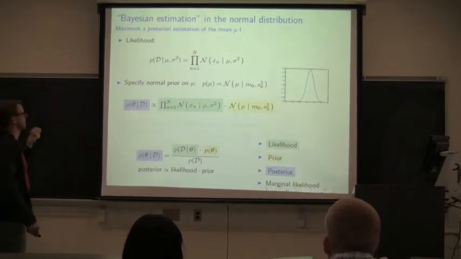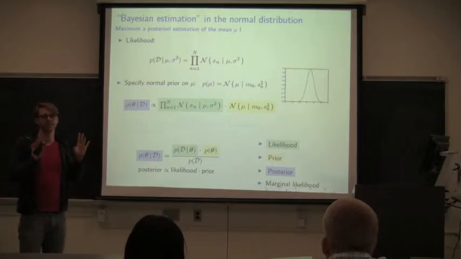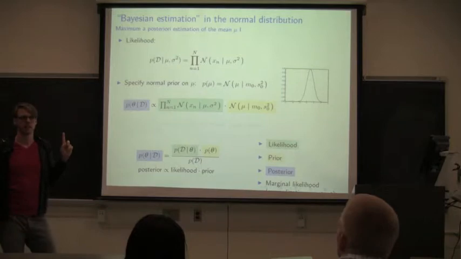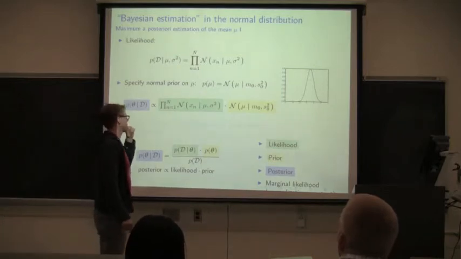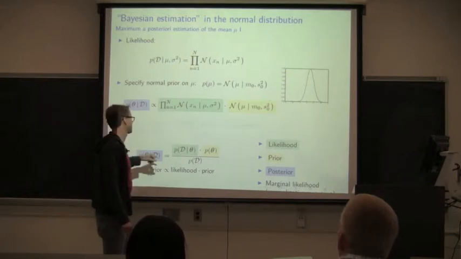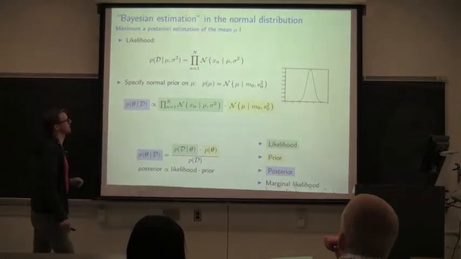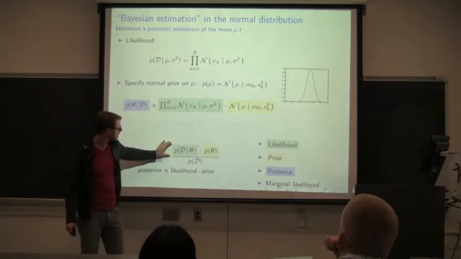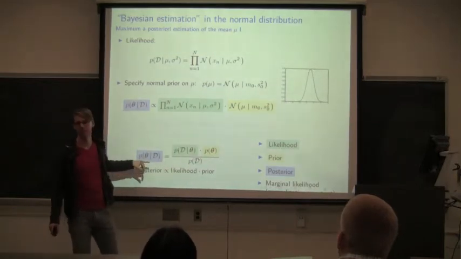But if we say we want to do only a first step, say we want to use the Bayesian approach only to get a single estimate of the parameter. Now, if we vary the parameter, it doesn't appear in this normalizing constant. If we vary the parameter, then only this part varies. So if that part is maximized with respect to the parameter, then it's also maximized in the posterior.